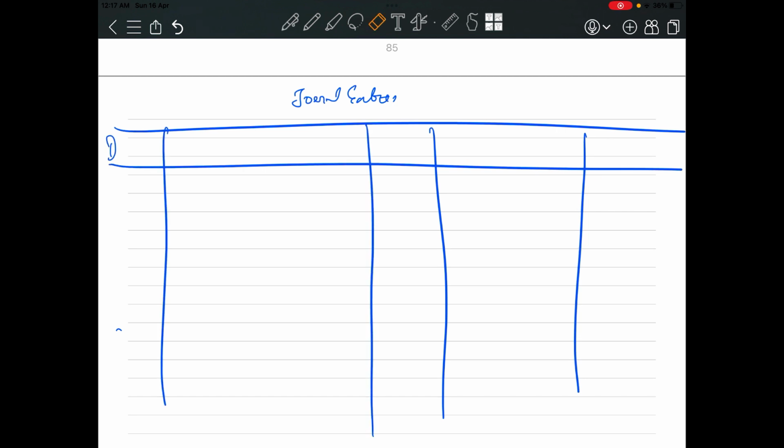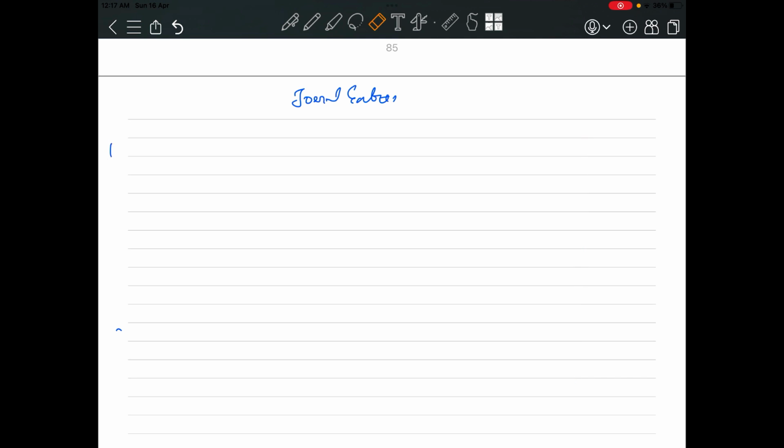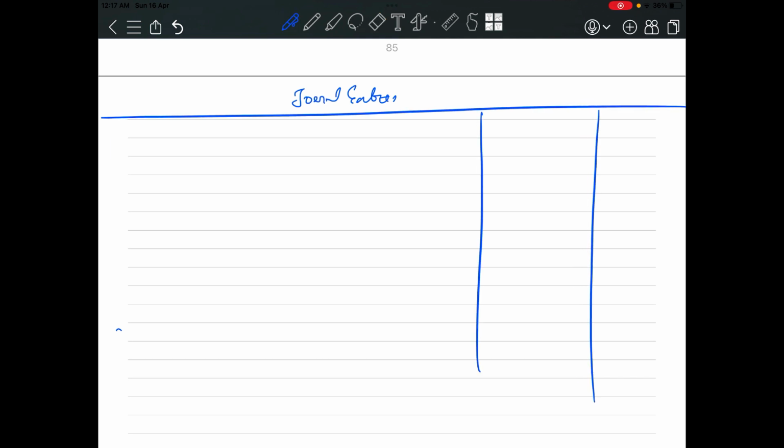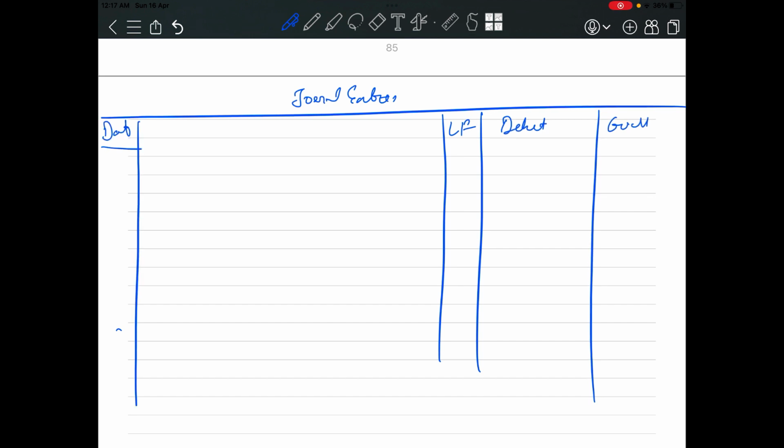Let me do it nicely. This will be date, particulars, ledger folio, debit, and credit. So what is the first amount?